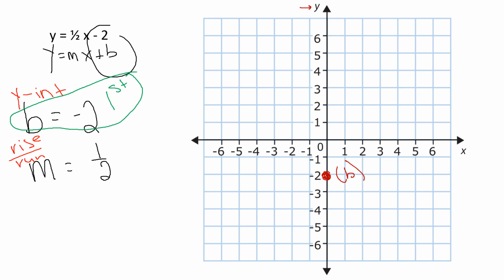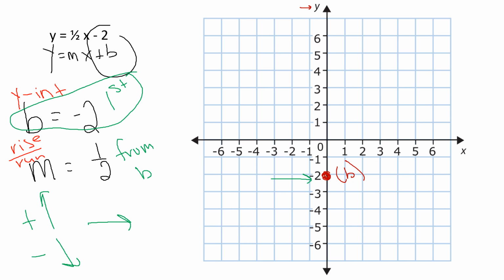From the b point, from right here, we are going to rise over run. If it is positive, we rise up. If it is negative, we go down, but we always, always, always run right. Let me explain what that means.